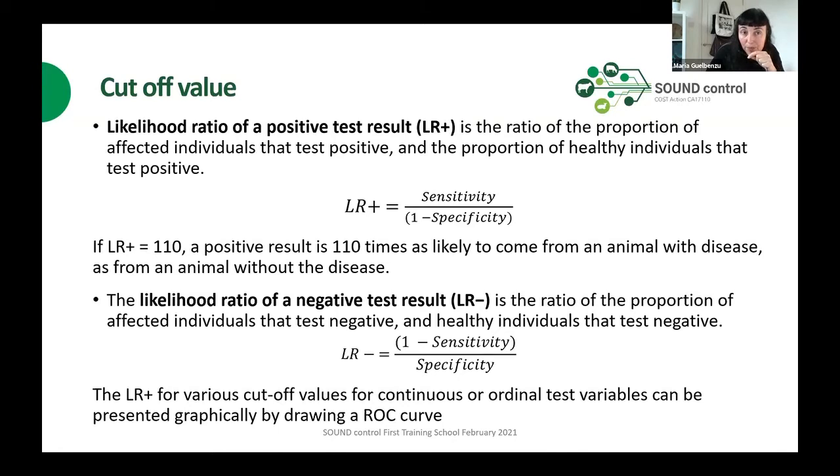The likelihood ratio of a negative test result is the ratio of the proportion of affected individuals that test negative and healthy individuals that test negative. So as you can see, it is 1 minus the sensitivity divided by specificity. Now, the good news is that you don't need to memorize all of these formulas.